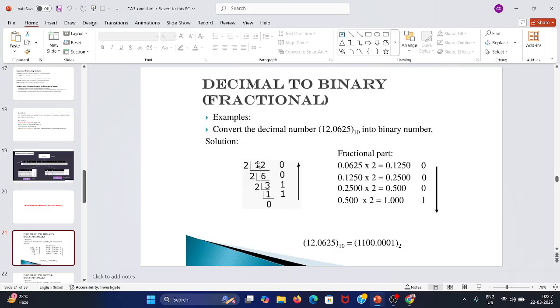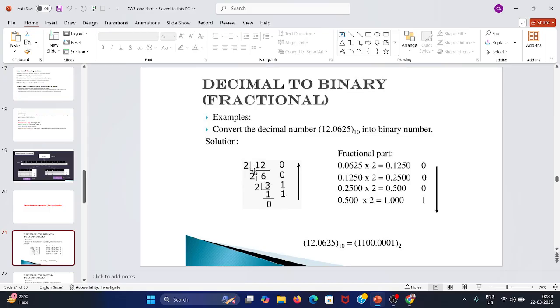So 2 6s are 12, so the remainder is 0. After that 2 3s are 6, so the remainder is 1. Then 2 1s are 2, so the remainder is 1, so I have written 1.